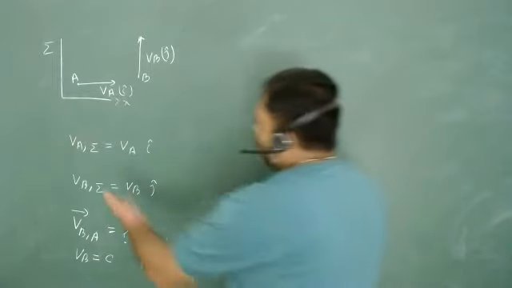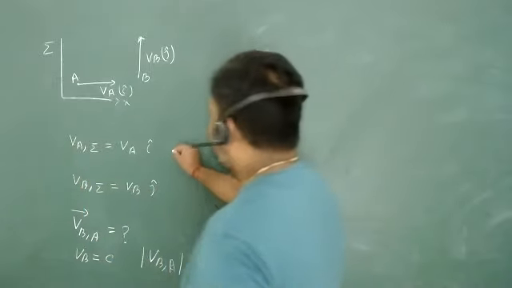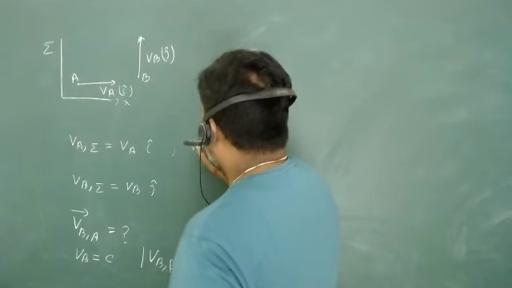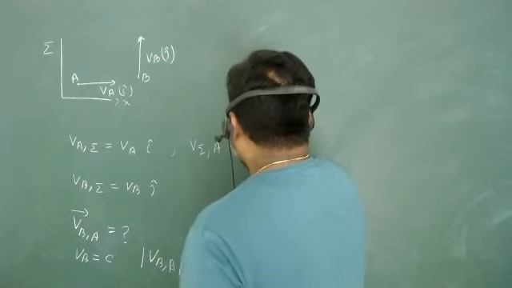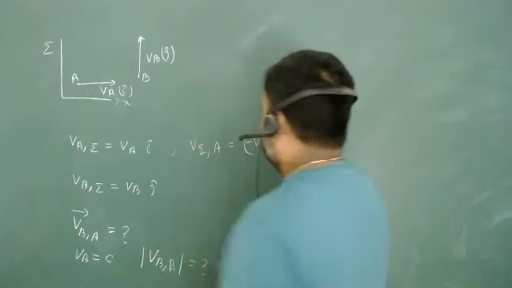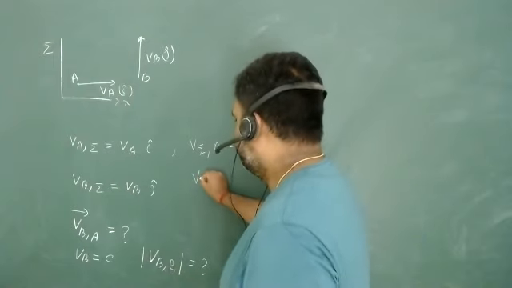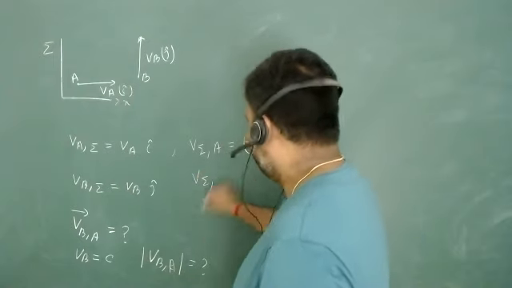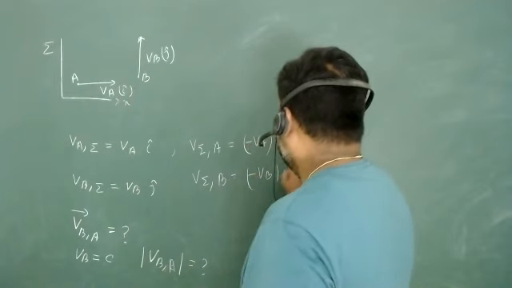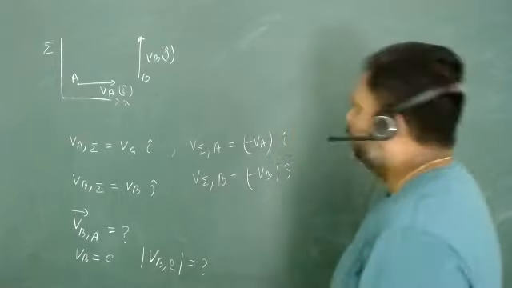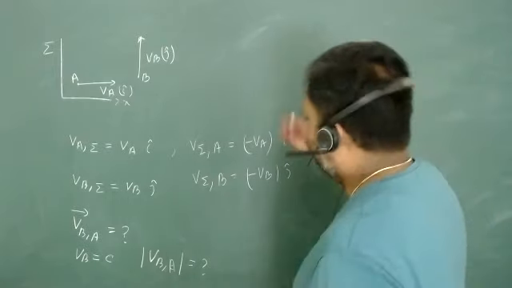So obviously, you always know that we have to use the four quantities. So what will be the second one? Velocity of sigma with respect to A will be minus VA in the I cap direction. Keep the minus sign like this. Velocity of sigma with respect to B is minus VB in the J cap direction. Now let's go to our notation.